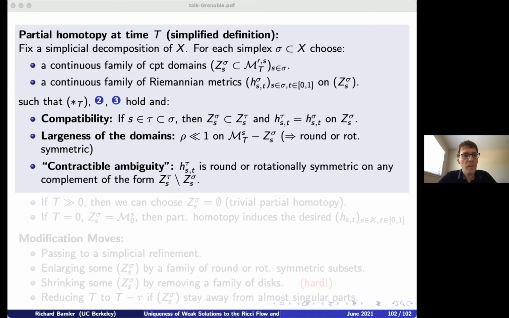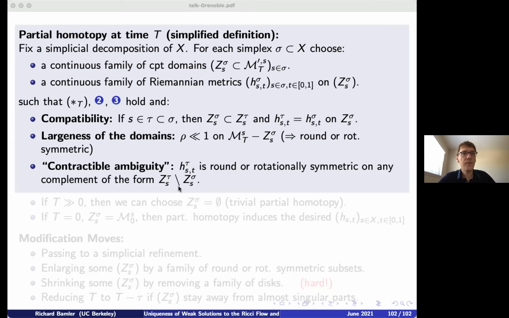And then we also want these different H's to differ only by what we call contractible ambiguity. In other words, whenever some C tau is bigger than some C sigma over the same S, we want H tau on the larger domain to be only round or rotationally symmetric on these differences.